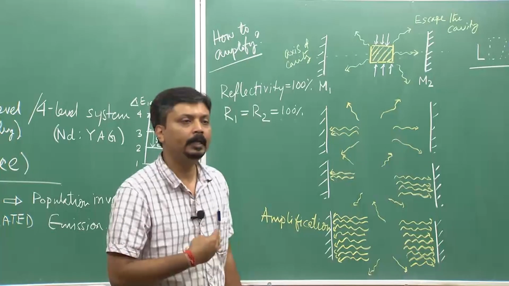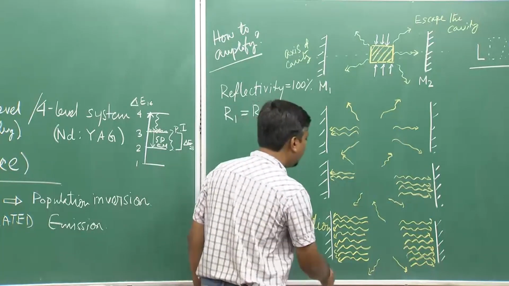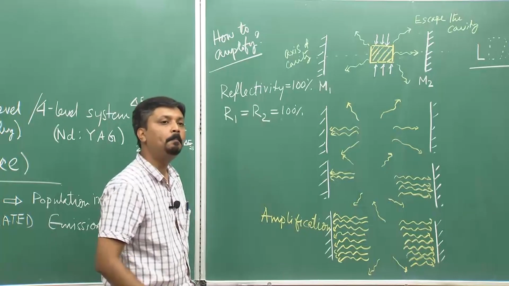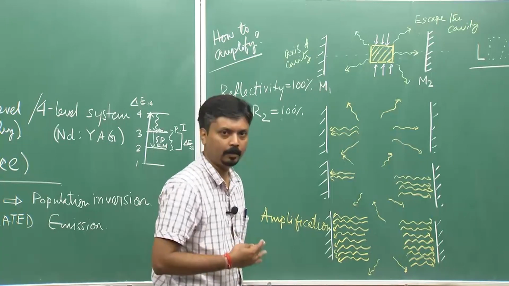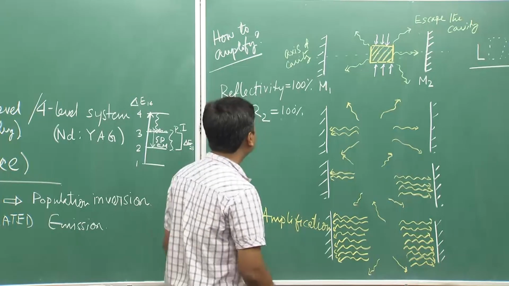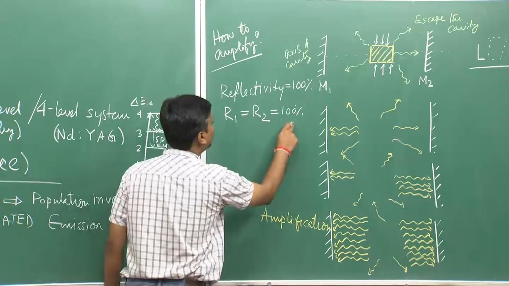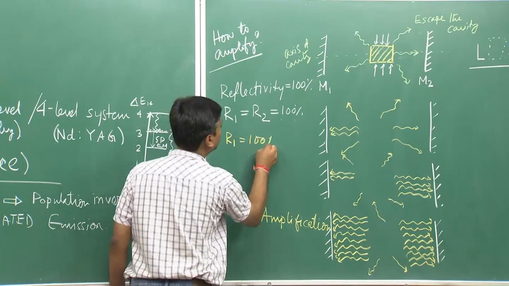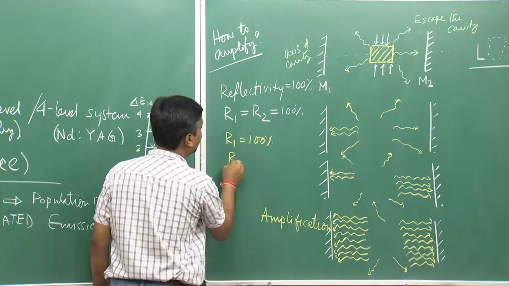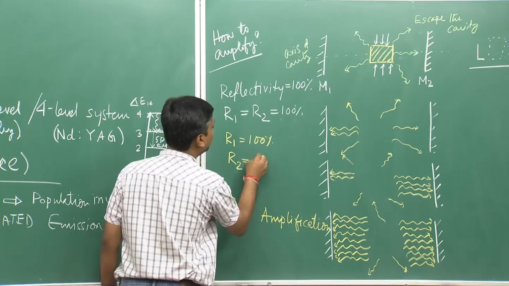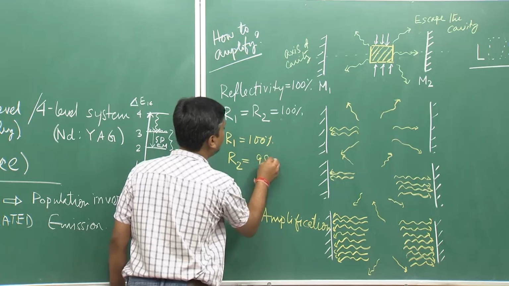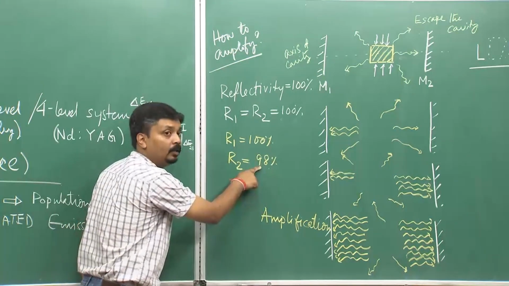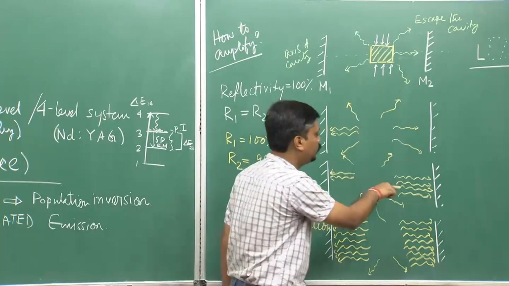So, the next step is essentially to replace one of these mirrors by a partially transmissive mirror. Okay. So, instead of this condition, I can now have R1 equal to 100% and R2, say I make it 98%. So, 2% of the light will pass through this mirror.